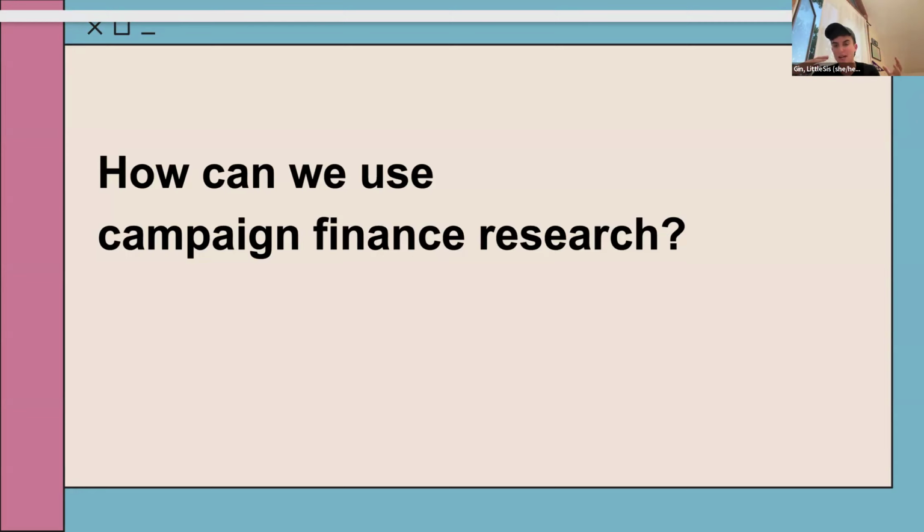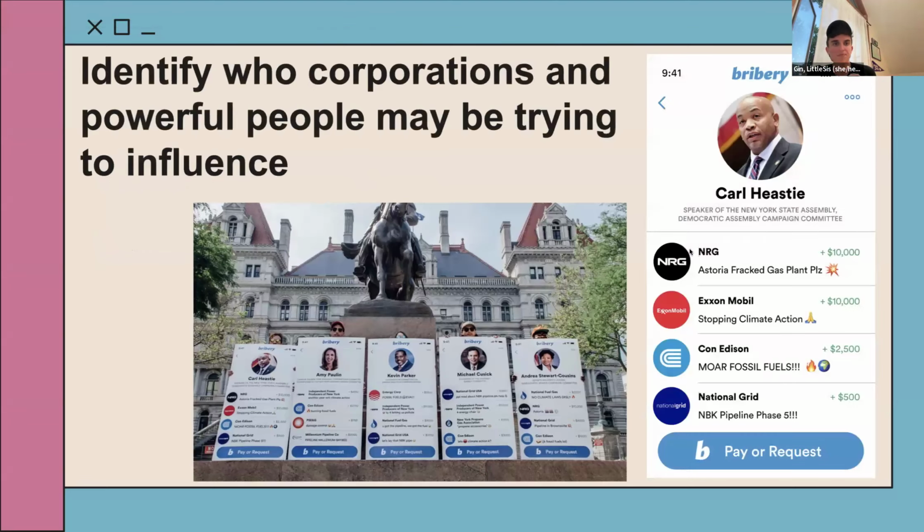So to get our brains, since we're about to look at some interesting databases with a lot of numbers and names, thinking in a campaigning mindset, I wanted to talk through a few different ways that campaign finance research has been used in different campaigns and can be used. So why don't we go to our first slide here, Molly?